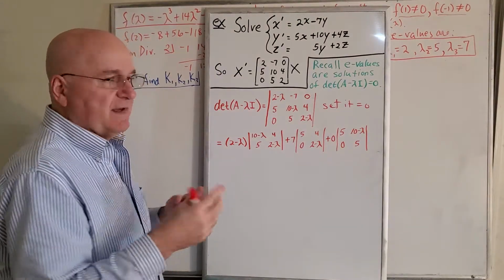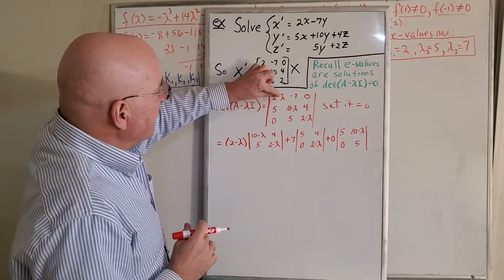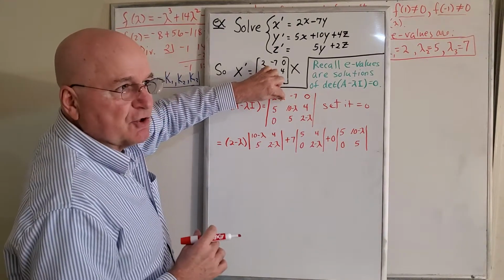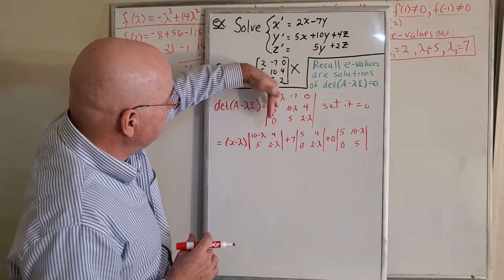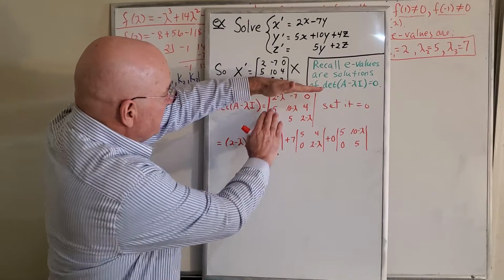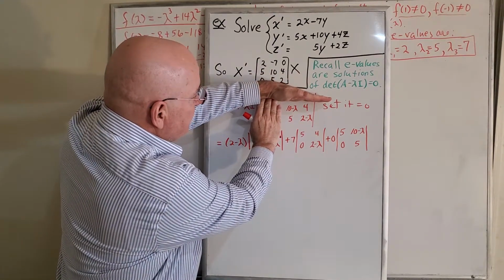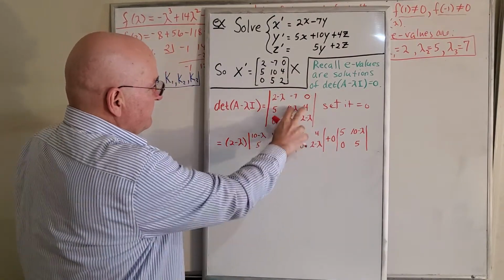The minor, or cofactor, is almost the same thing. The minor of this one element is the determinant of the matrix obtained from removing its row and its column. So it's going to be 2 minus lambda times that 2 by 2 determinant, right there.